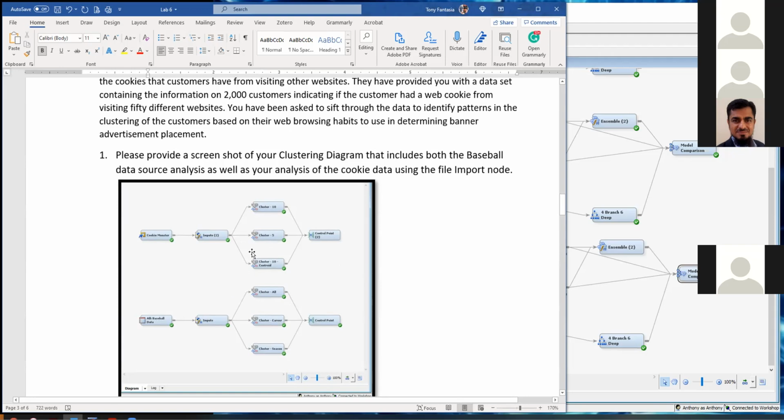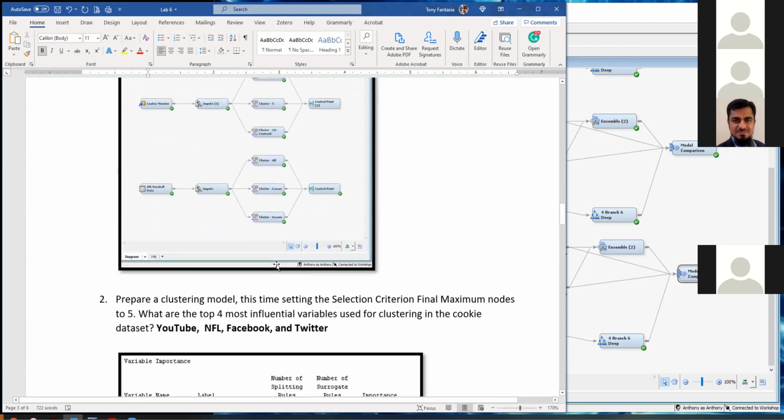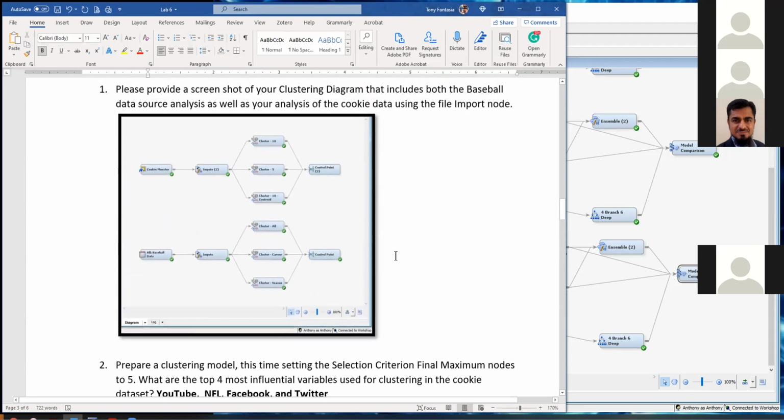I just took what was in the baseball diagram down here and replicated it up top for the cookie diagram, and my clusters were 10 cluster, 5 cluster, and 10 centroid clusters. That's what I got for my screenshot. Yeah, that makes sense. You guys have the same or close?